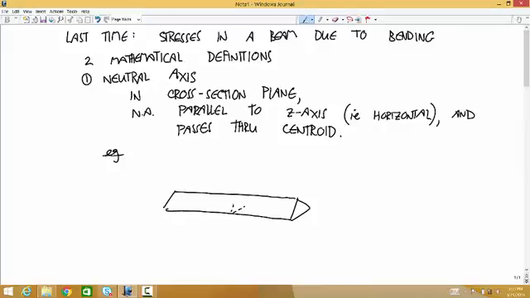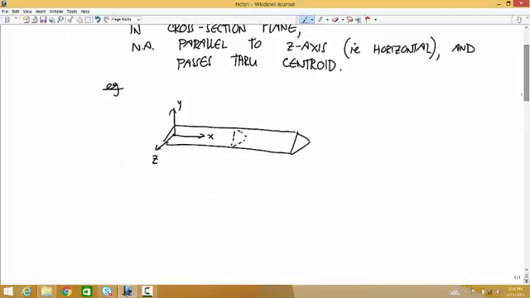Okay, so the cross-section looks like this. And our coordinate system is this. So the neutral axis is in the plane of the cross-section.